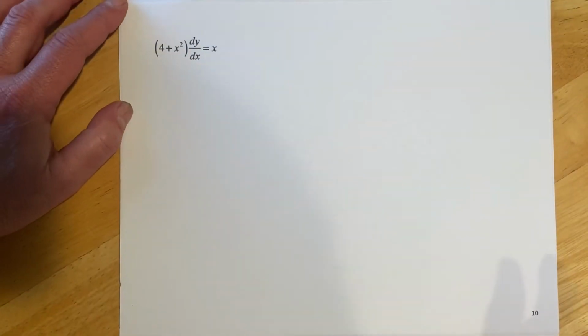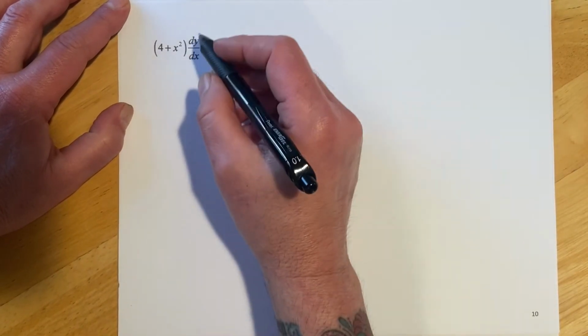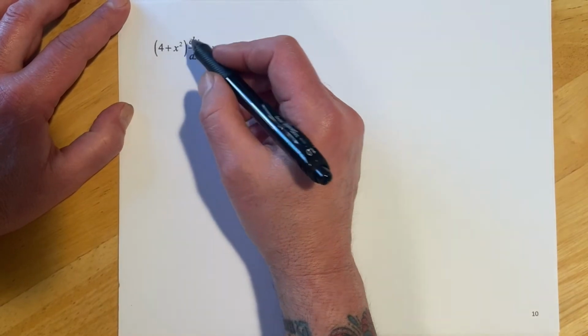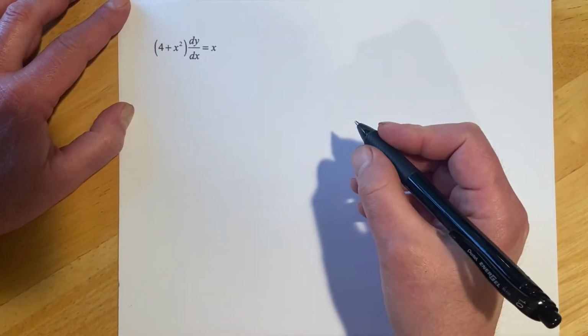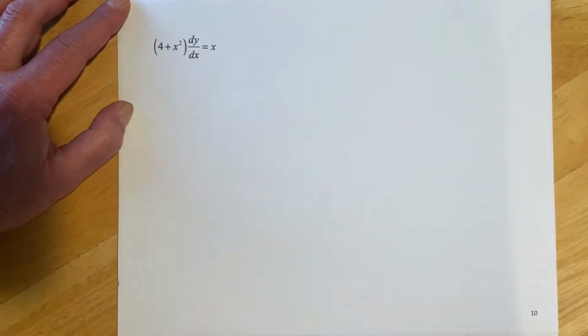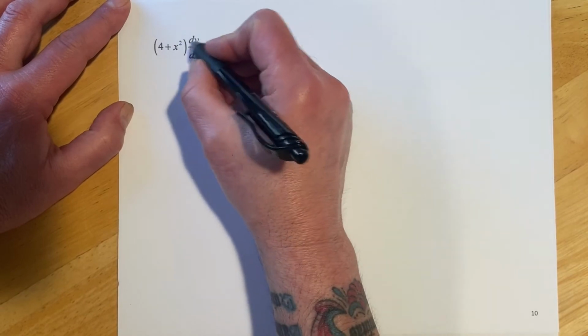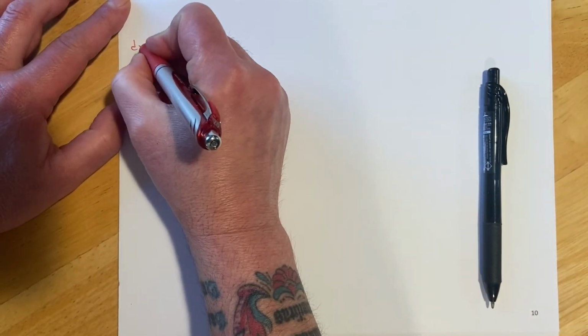Okay, one more of that form. Here we basically want to get the dy by itself, so that when we integrate, just like on the last one, we do the integral of dy, and that gets us to y. That makes me want to get everything I can away from here. So I'm going to multiply both sides by dx.